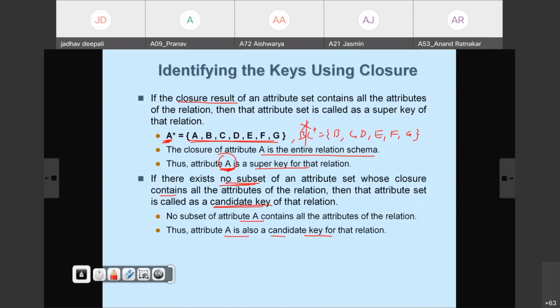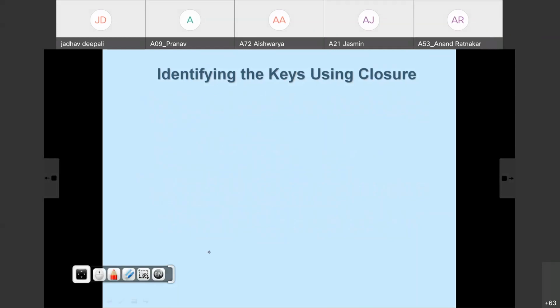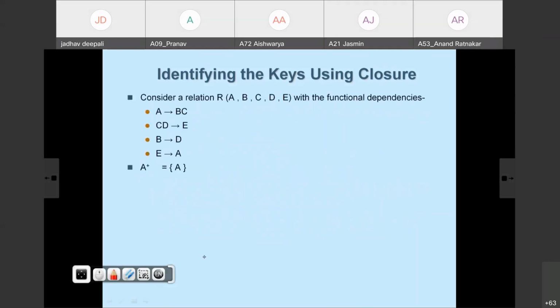Now we are going to see some other example, then it becomes easy for you. In the previous case, A is the super key and A is the primary key. Now, in this other example, we are going to find out A closure.